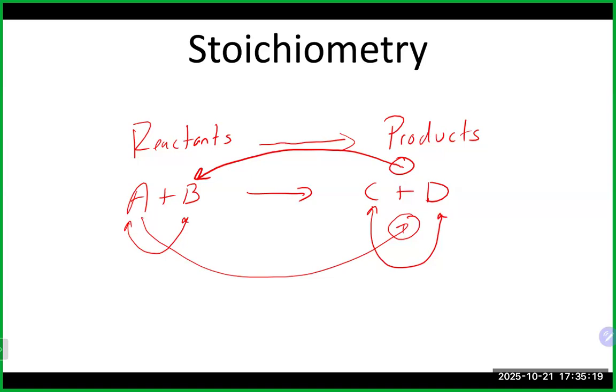Again, sometimes people think, and we'll get into the inner workings of it in just a second, that it always has to go from one side to the next, and it doesn't. You can basically relate everybody in the chemical equation to each other through this type of calculation.